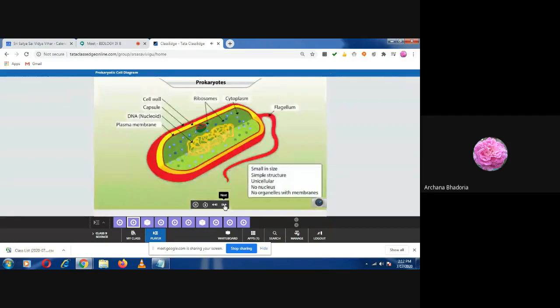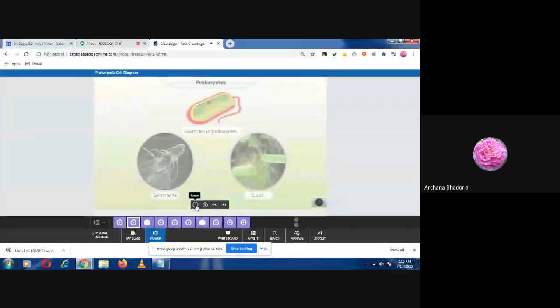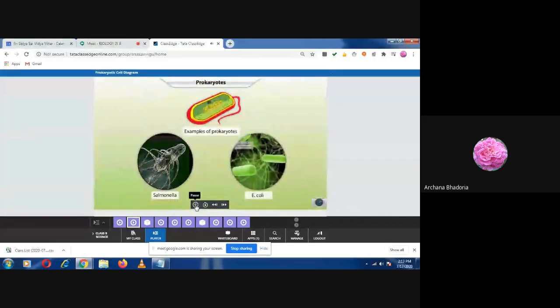So, the genetic material is directly in contact with the cytoplasm. Prokaryotes also do not possess any organelles with membranes. Some examples of prokaryotes are the different kinds of bacteria such as Salmonella and E. coli.